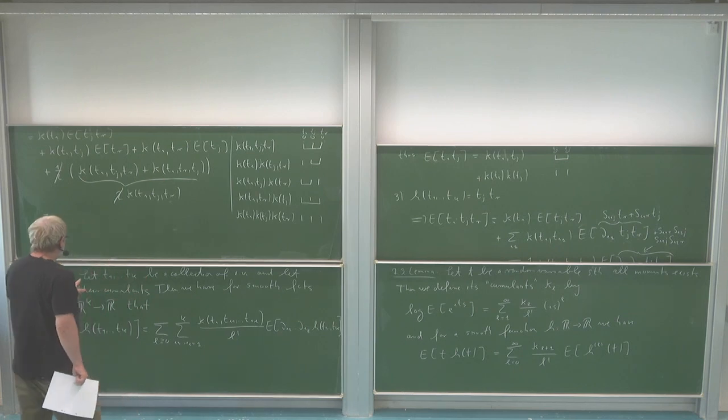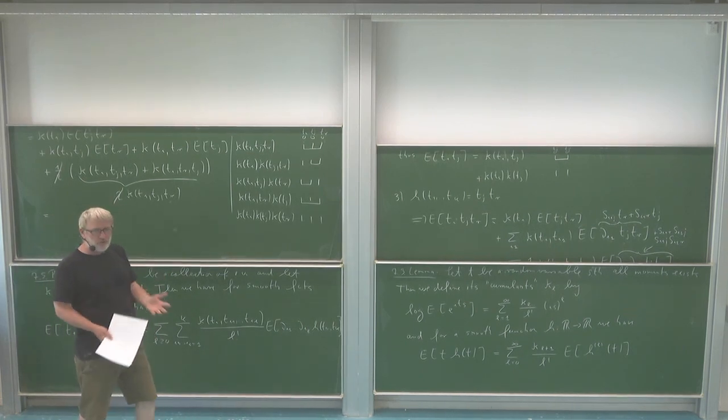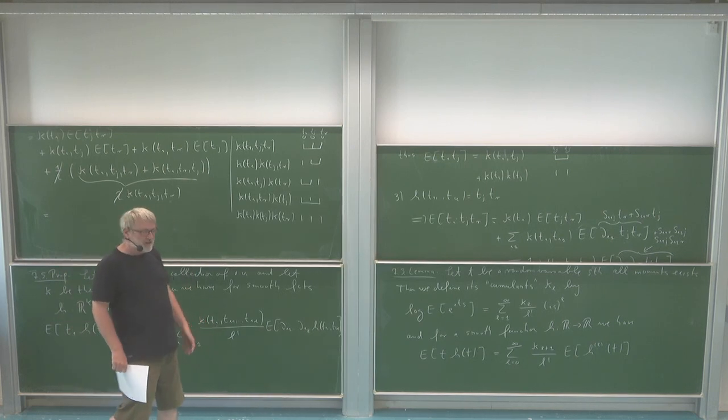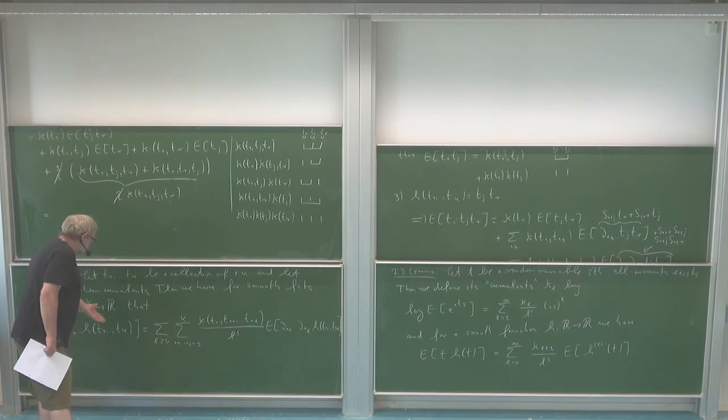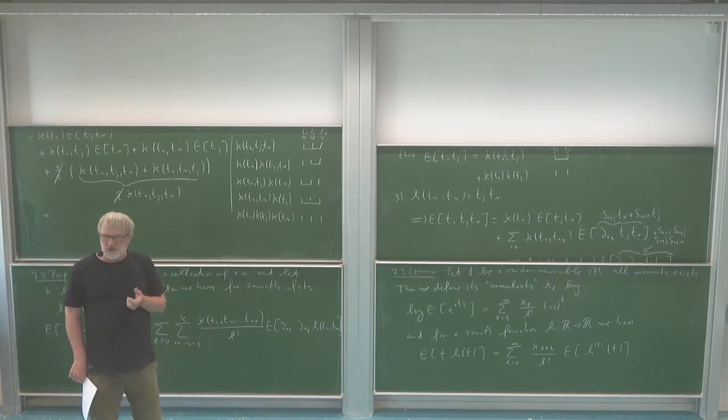In principle, this cumulant expansion, this formula here, which you can see as a very analytic formula, has, if you plug in just monomials for your functions, a very concrete combinatorial meaning and interpretation, giving you a precise combinatorial relation between moments and cumulants.